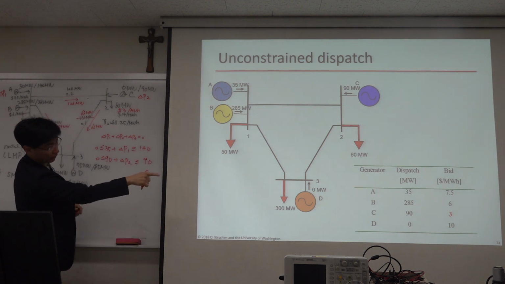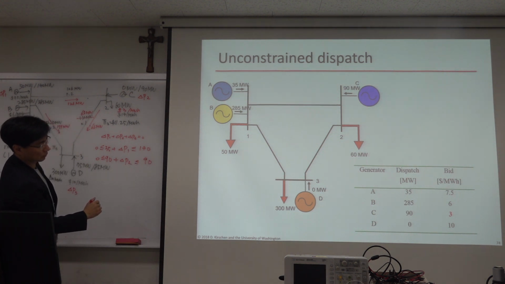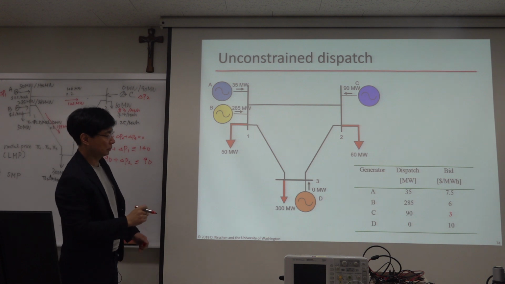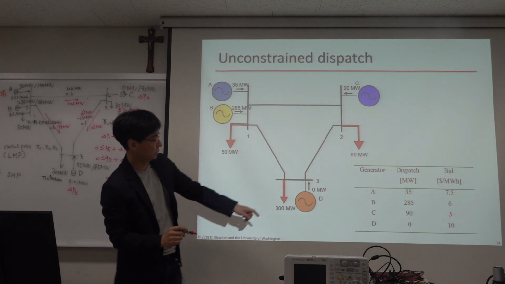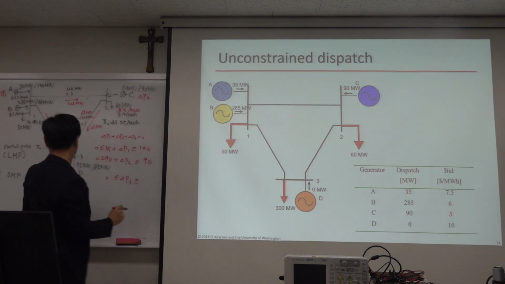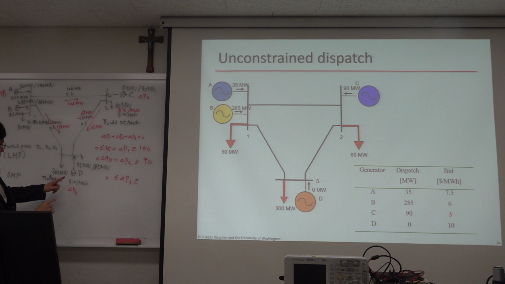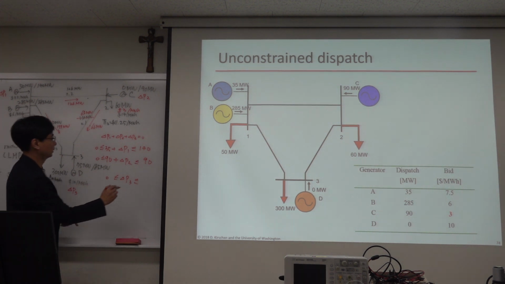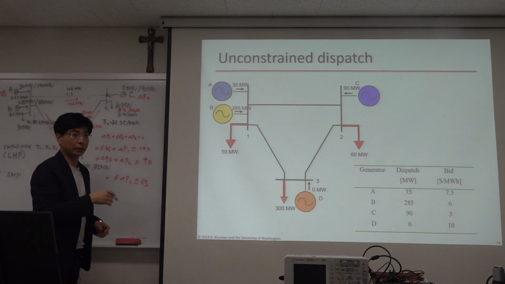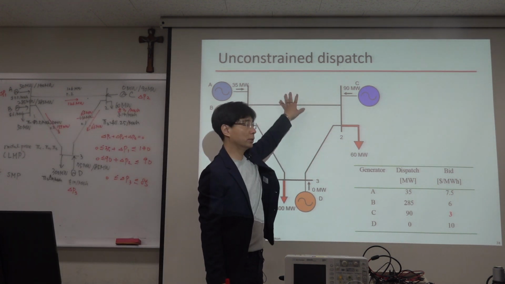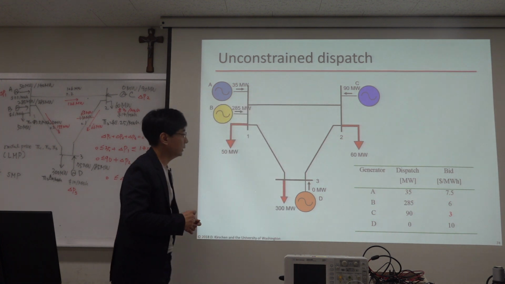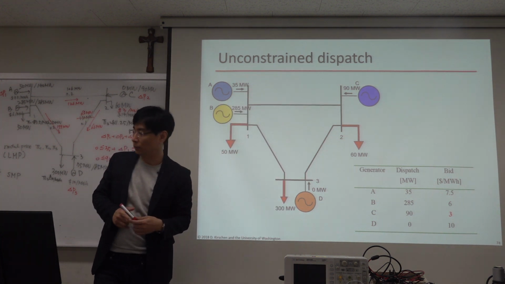There, the delta P3 is from 0 to maximum. What is the maximum capacity? This one? 85, something like that. The generator limit and the transmission line limit are your constraints. What is your objective function?